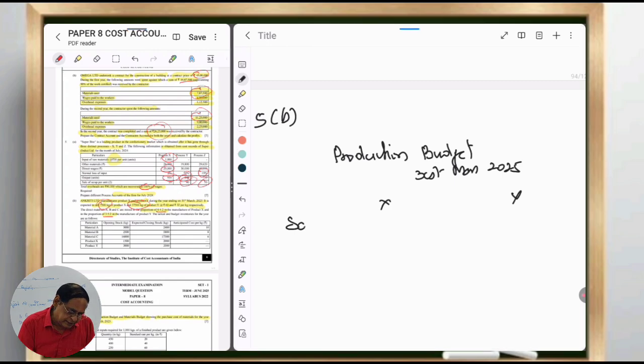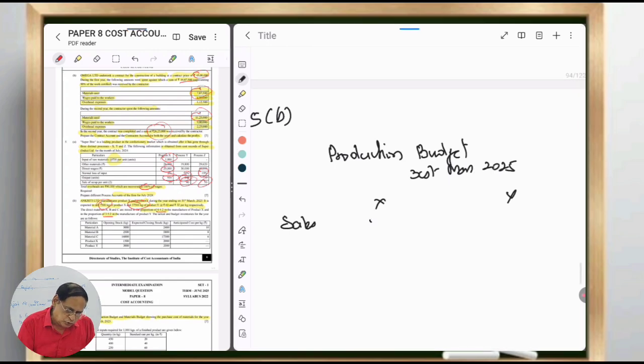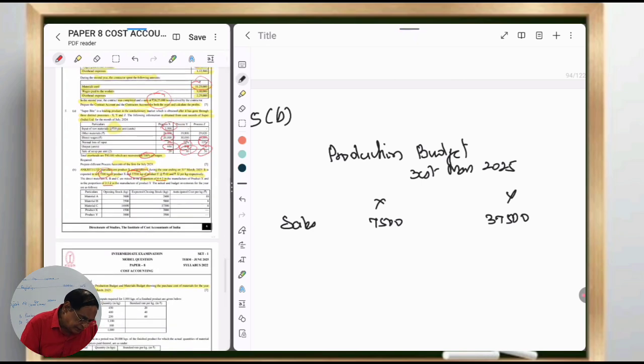So sales is the number of units to be sold, 7,500 for X and 37,500 for product Y. And then for the X product and Y product, the opening stock and closing stock are given.